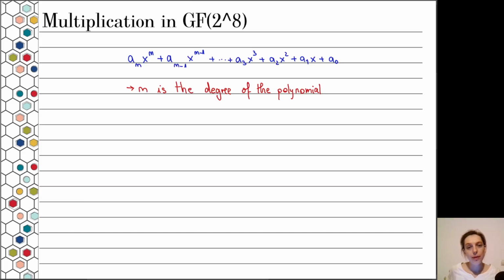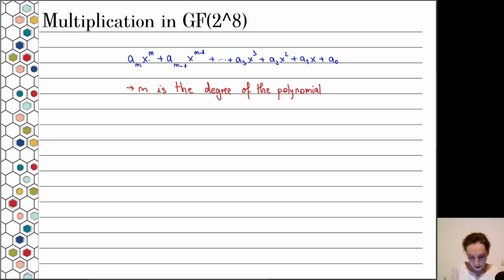In this video we will see how to multiply two polynomials in the field GF2 powered by 8. So we already know how a polynomial looks like. So we have some constants.